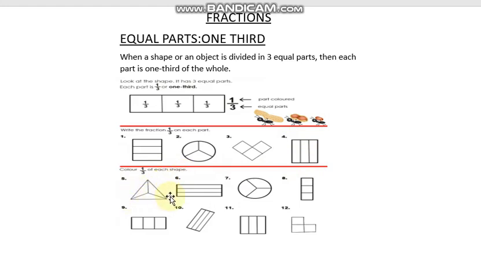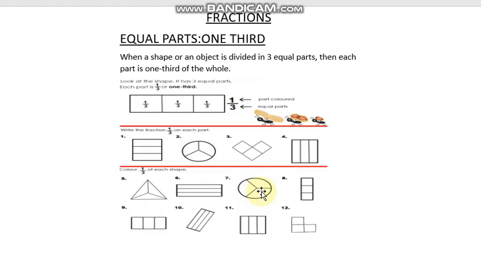Again, this shape is divided into three equal parts, and you have to color only any one part out of these three and write 1/3 with it. In this case, there are three equal parts. You color any one part out of these three, and you can write 1/3. Similarly, this is also divided into three equal parts.